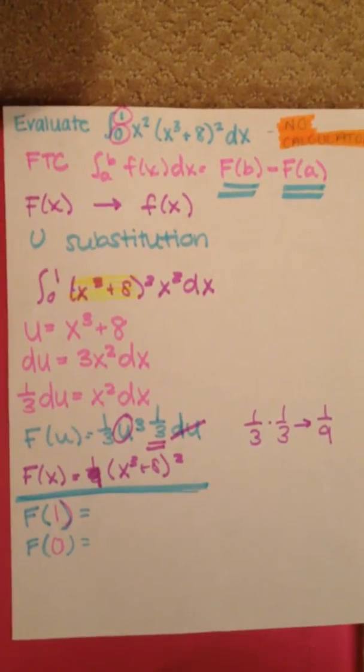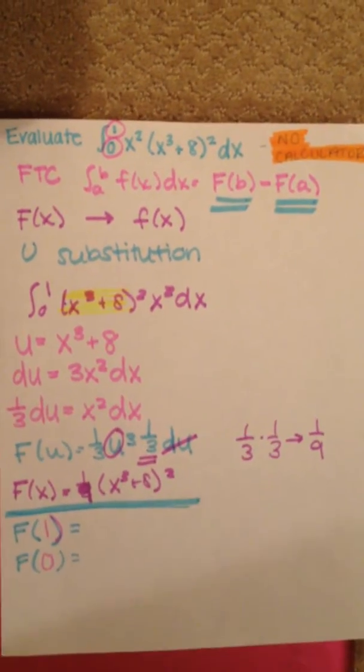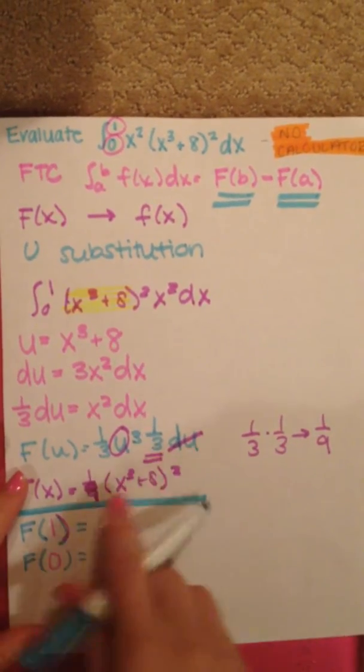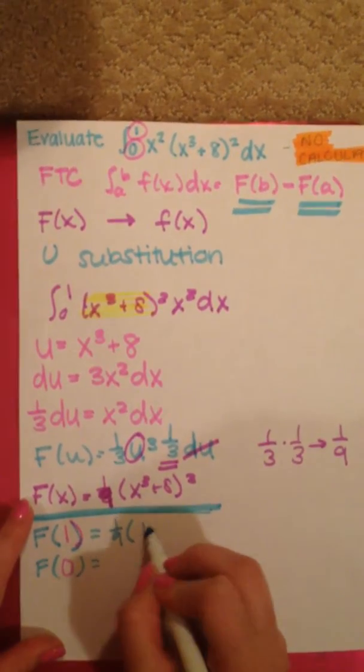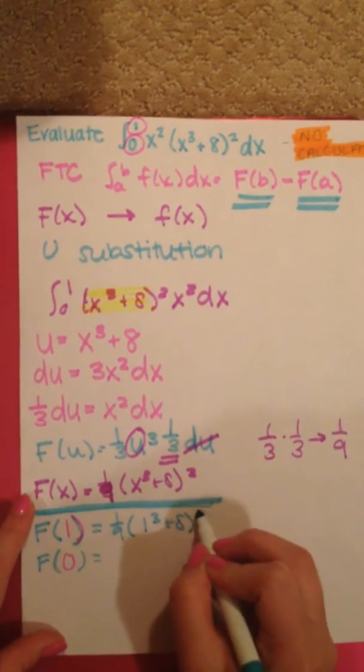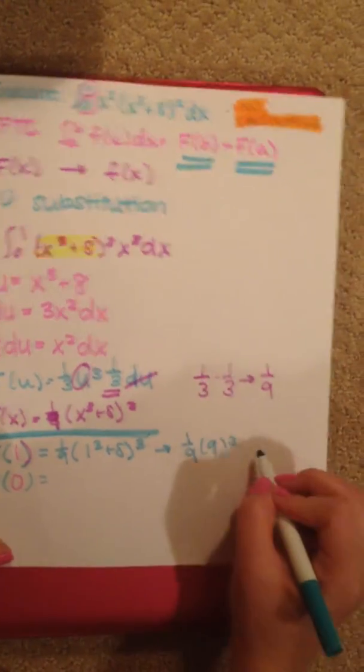And this is just basic algebra. So, I mean, everyone kind of knows how to do this at this point. So, you take your equation, 1/9 times (1 cubed plus 8) cubed. And this comes out to 1/9 times 9 cubed.